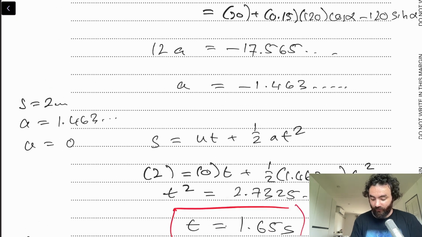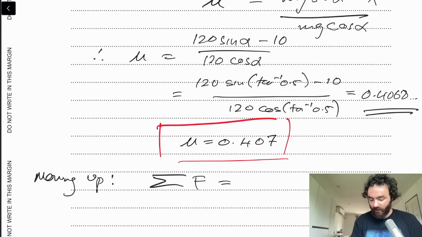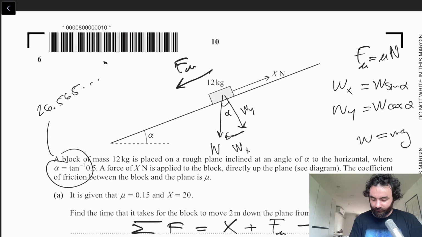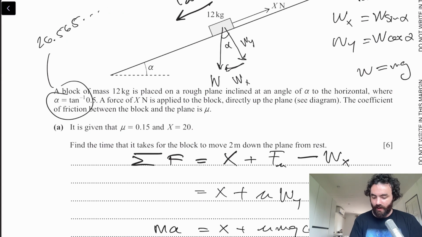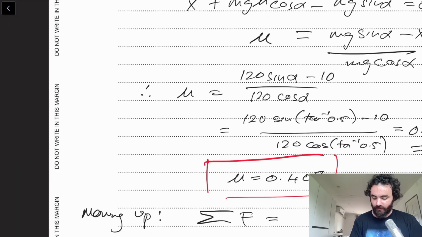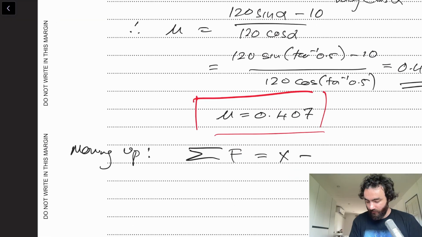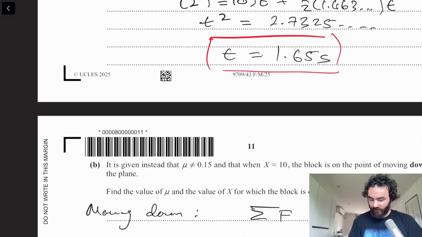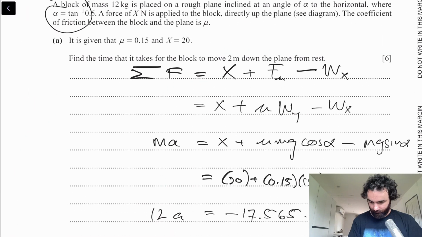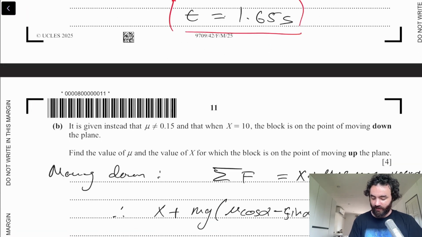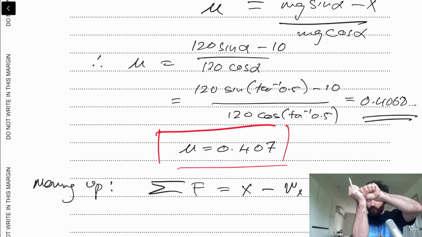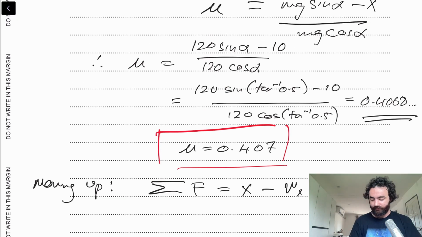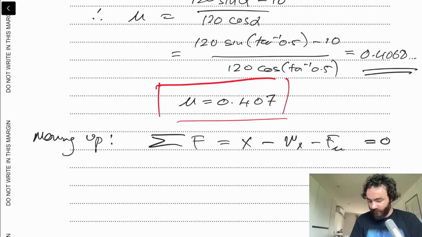And that does make a difference, because x is positive, acting up, minus these two things. So you've got x minus wx minus the frictional force. In this one the frictional force is negative because it's about to move up, which means the friction will be pushing it back down. And this thing equals 0.